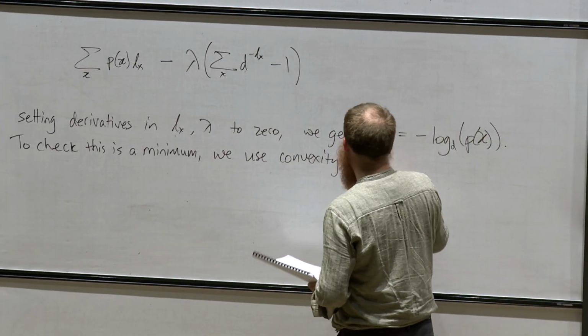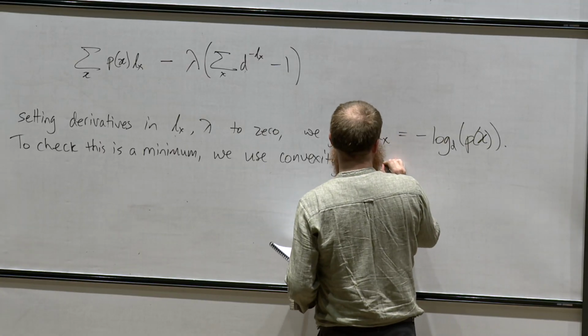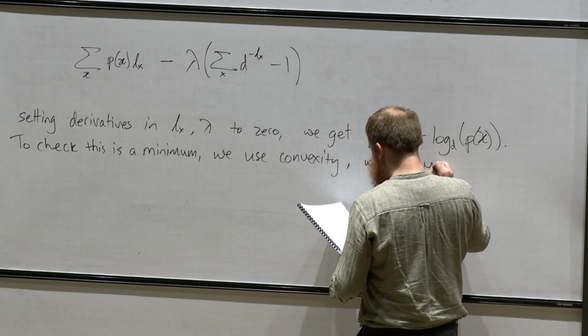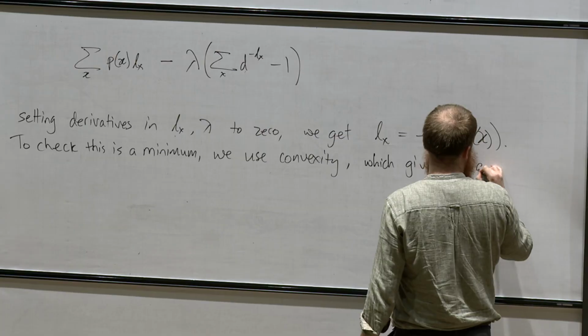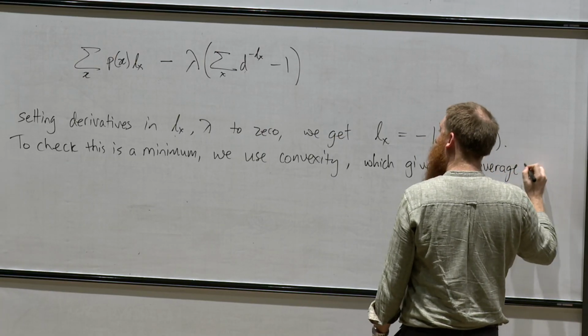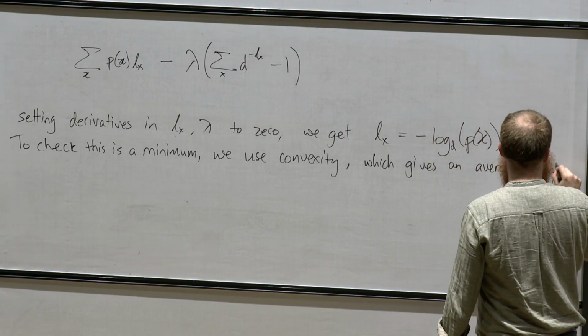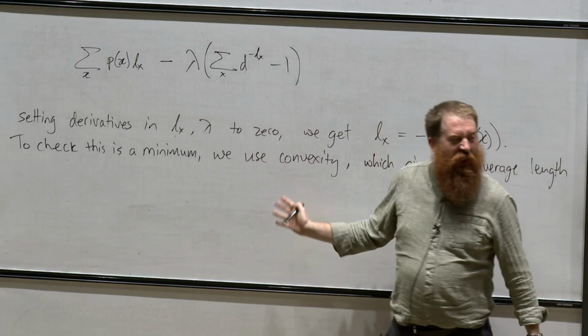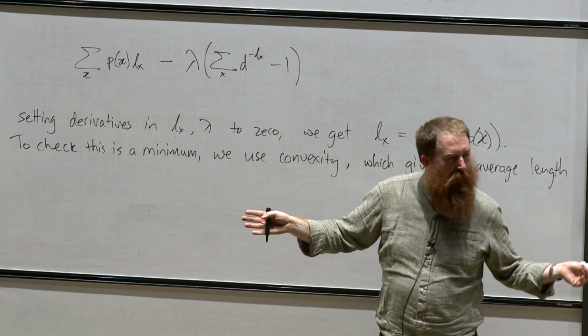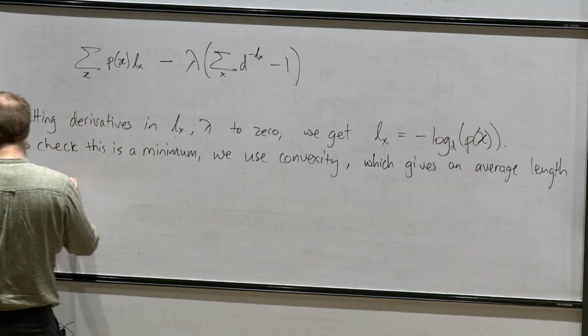So if we do this, this gives an average length. I'm not going to do the check because I'm waving my hands at every step at this point. But if I do that, then what do I get?